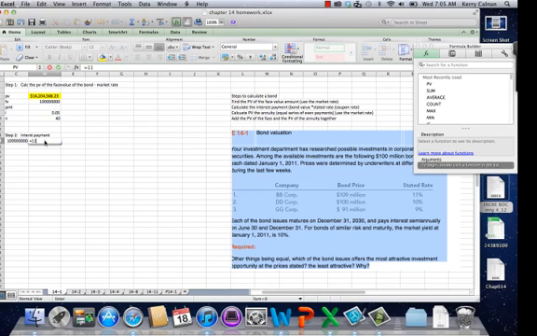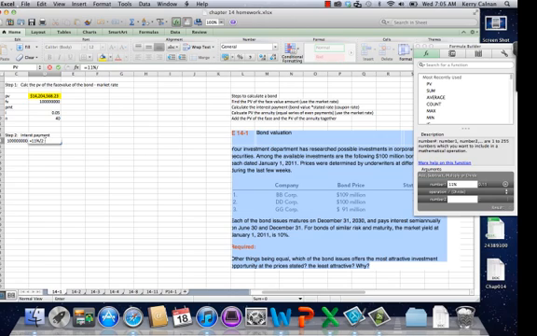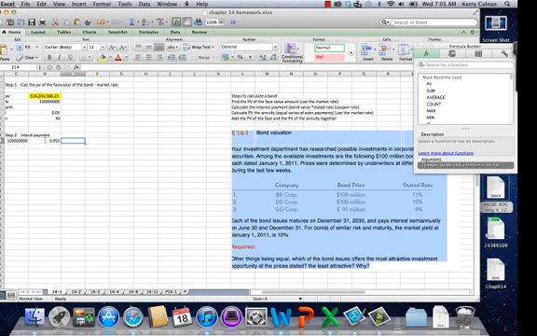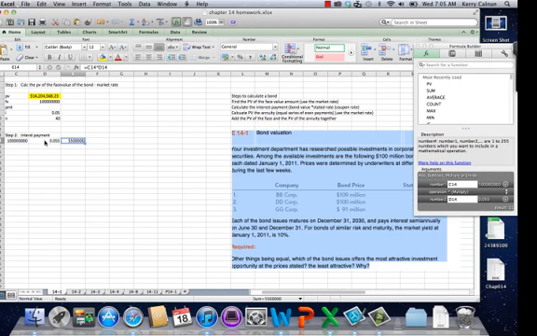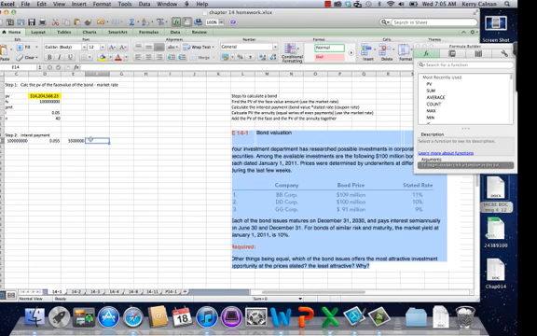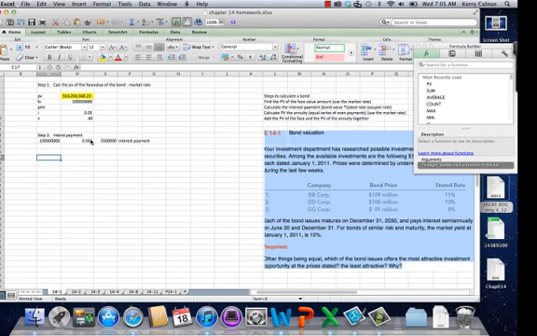So we'll take 11%, because it pays twice a year, divided by 2. And then we'll just multiply these. This times this. So we have that amount of interest that will be paid to our bondholder every 6 months. So this is the interest payment. So that is our step 2.